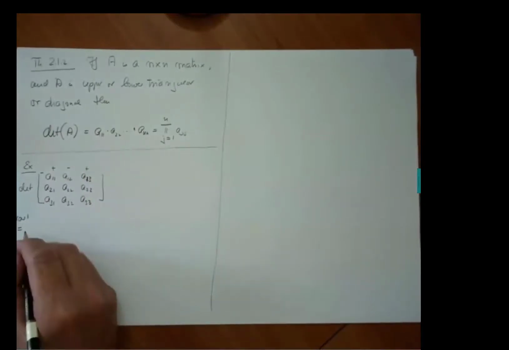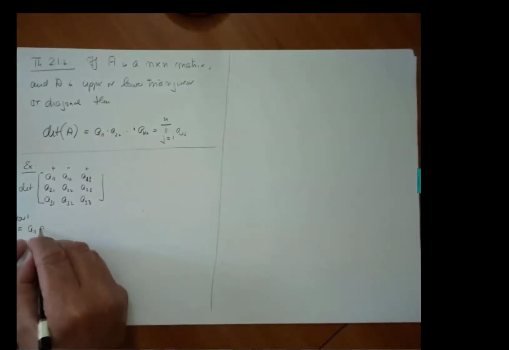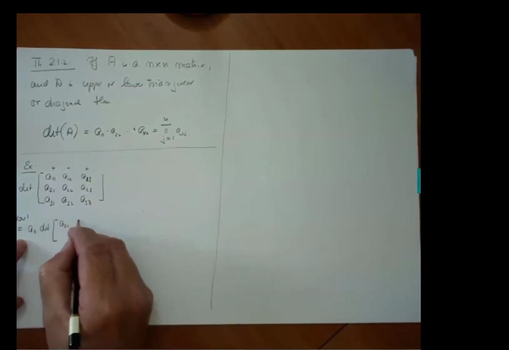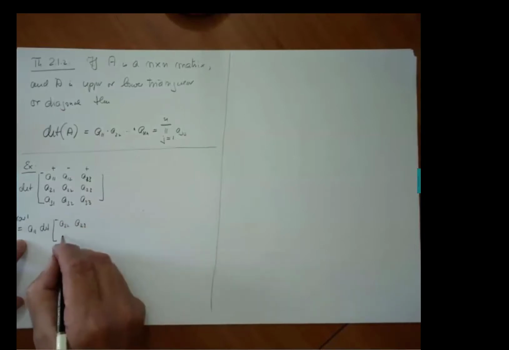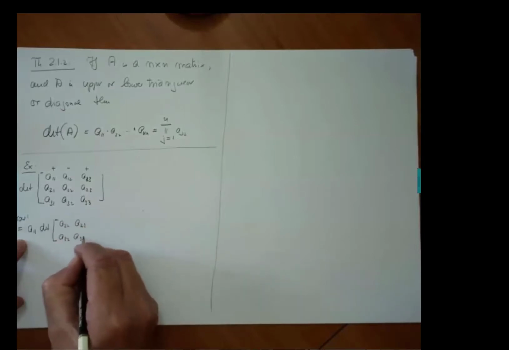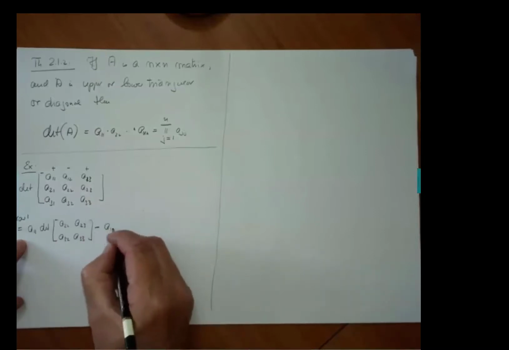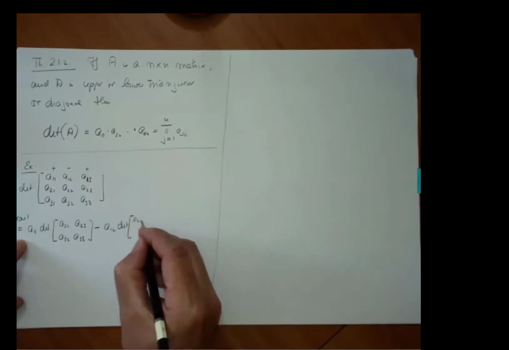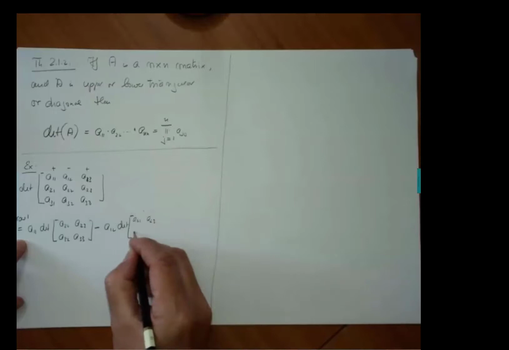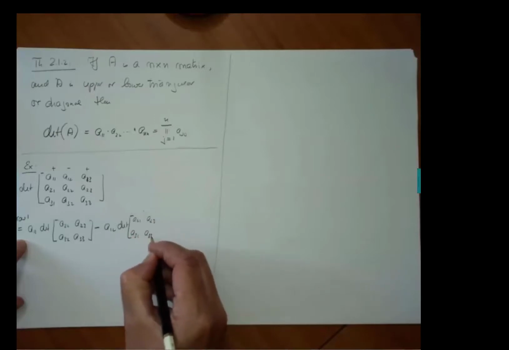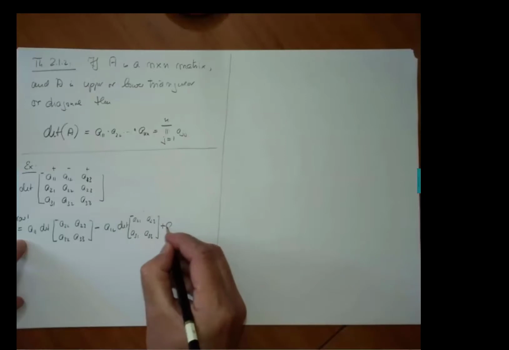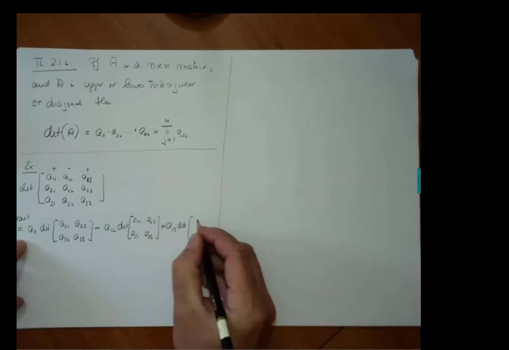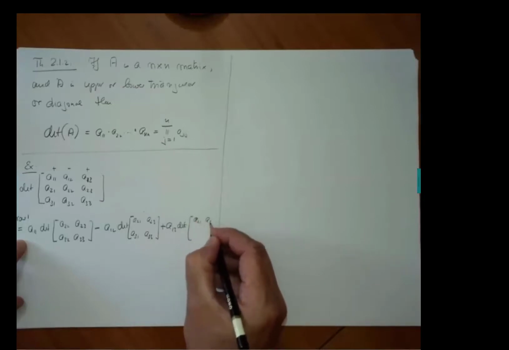So you get A11 times the determinant of A22, A23, A32, A33, minus A12 times the determinant of A21, A23, A31, A33, plus A13 times the determinant of A21, A22, A31, A32.